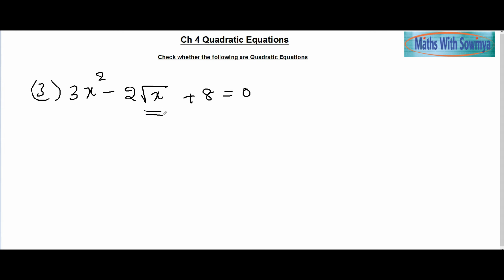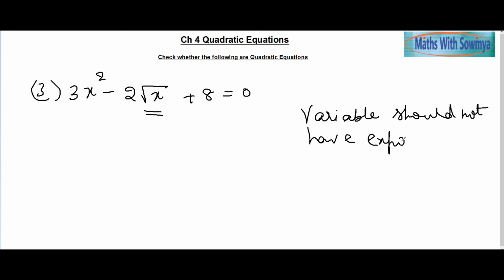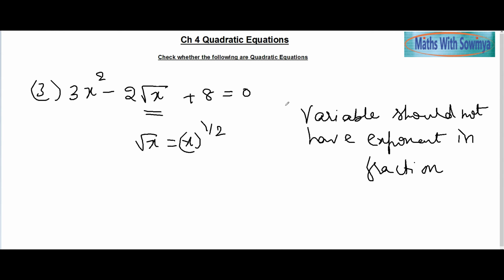Any variable should not have a root, or the variable should not have an exponent in fraction. Root x is x to the power half. So this is not a polynomial, so you can say this is not a quadratic polynomial.